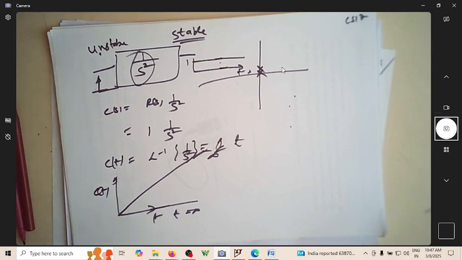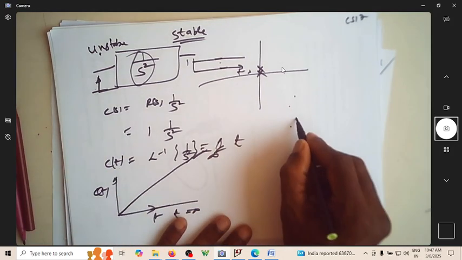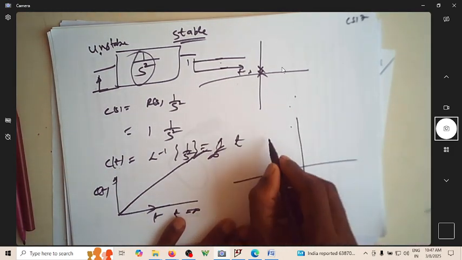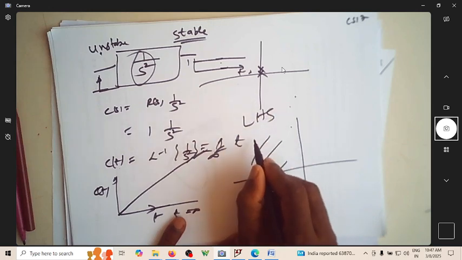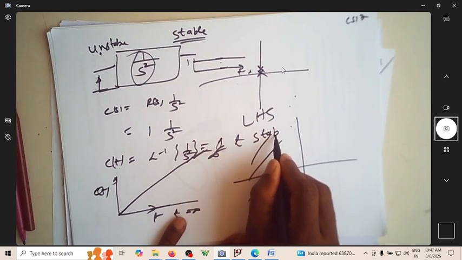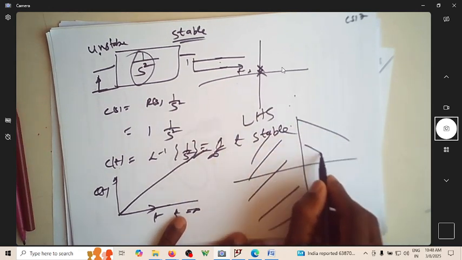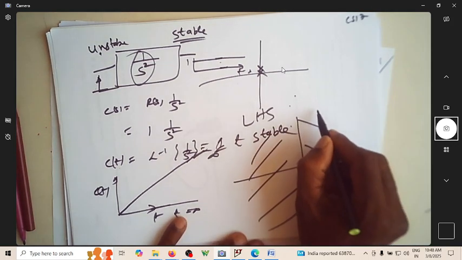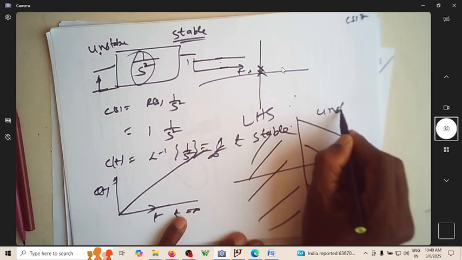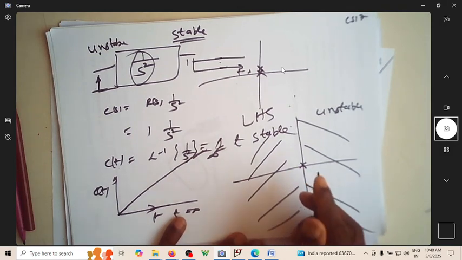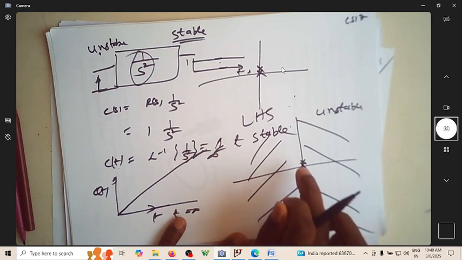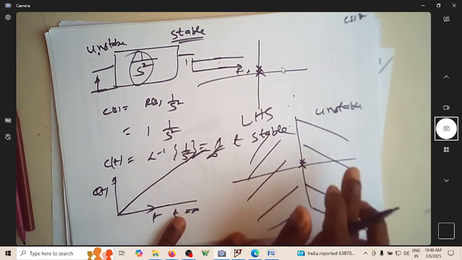That's why in the previous class we were so much worried that if the system has poles onto the left hand side, the system is said to be stable. If it is there onto the right hand side, the system is called an unstable system. Special cases, if you have only one pole at the origin, stable. If you have repeated poles at the origin, it is unstable.